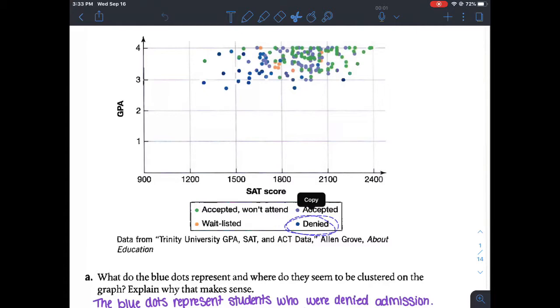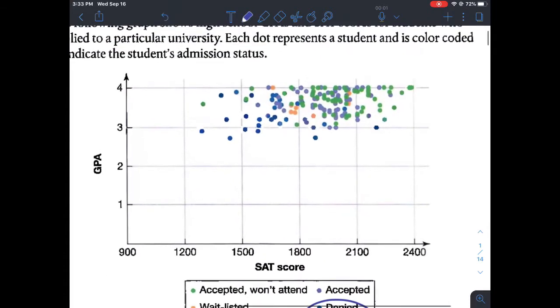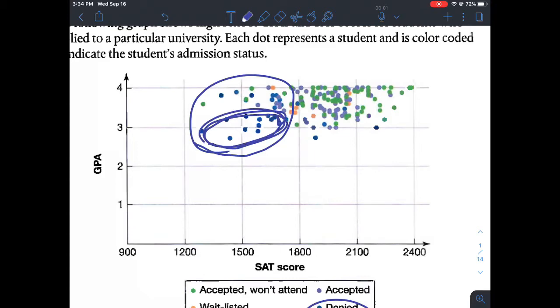So the blue dots are those who have been denied, and they are pretty much clustered, I would say, right here. Kind of on the left-hand side of the graph. So left-hand side of the graph means a lower SAT score. So these students were denied because they have a lower SAT score. If we're looking in particular, I would say big cluster right here.